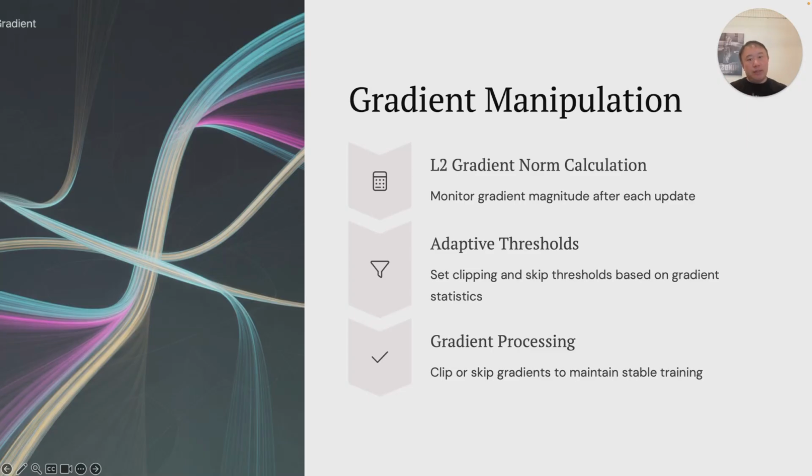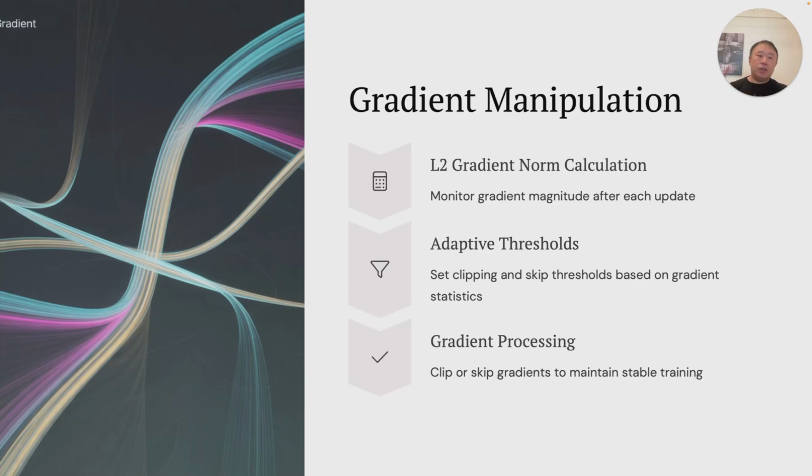So what we did here is actually a quite straightforward approach. We first compute the L2 gradient norm after each batch of data. That magnitude will give us a notion of how big the gradient update will be, right?